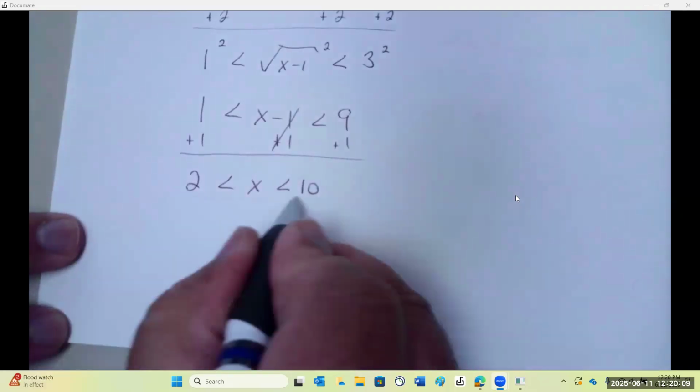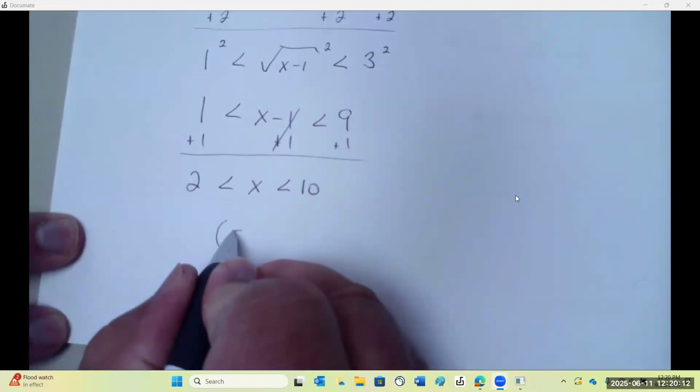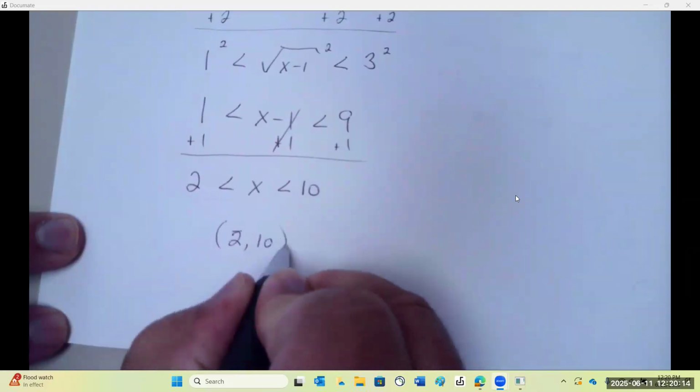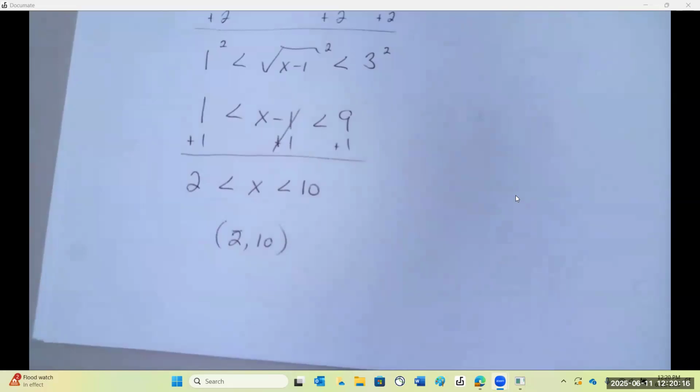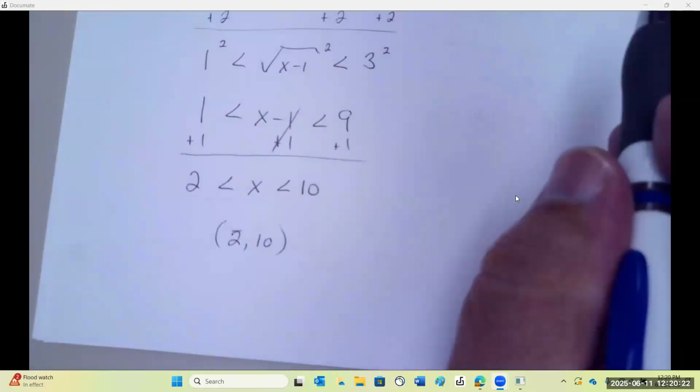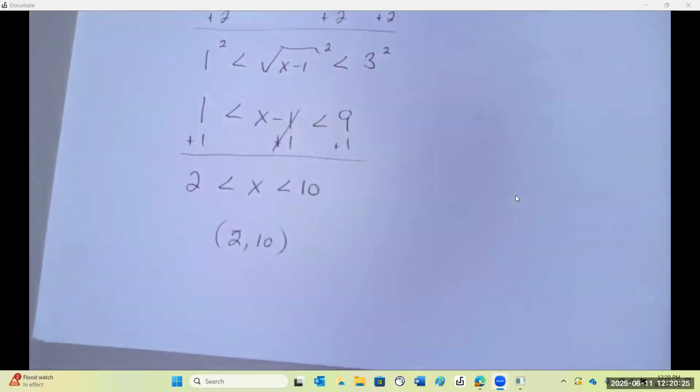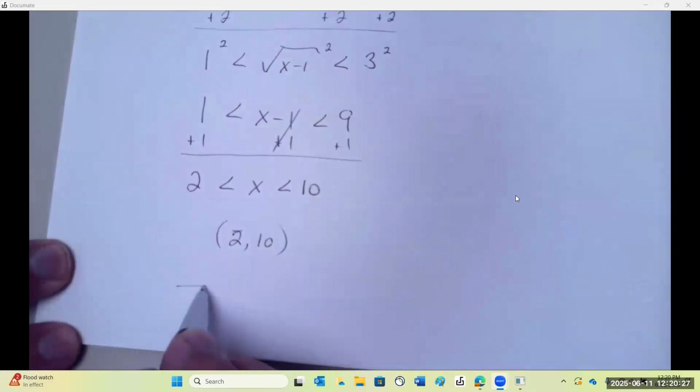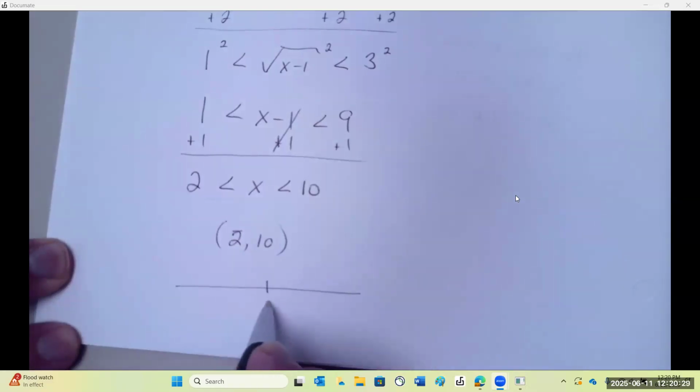So remember, what this shows us is now our interval that our delta is going to be in, our c value is going to be in, is this interval. What is our c value? Our c value is 5.